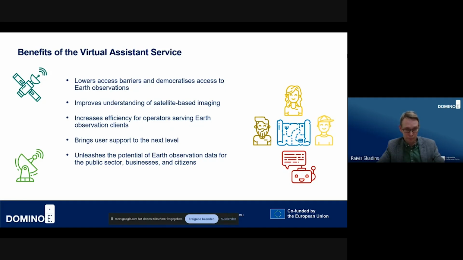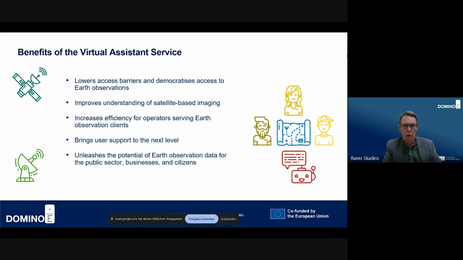And at the end, I think it increases the efficiency of operators who are serving Earth observation clients, and we also increase the user support level, so users can get more information, sometimes even just by themselves, by talking to virtual assistants.